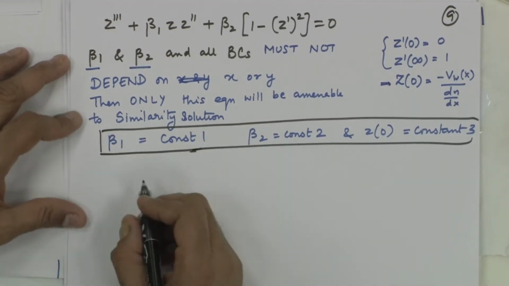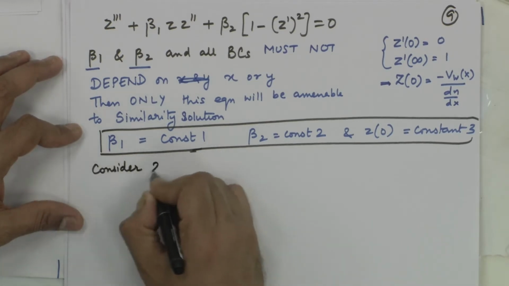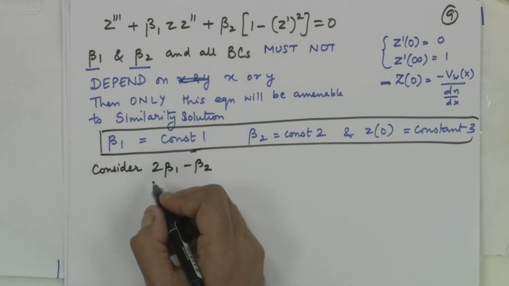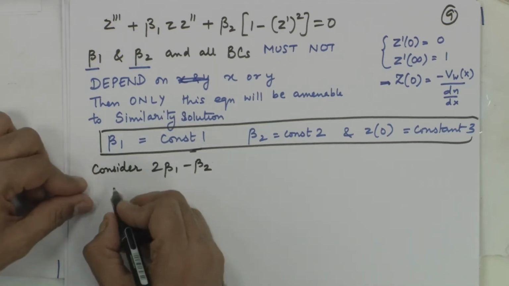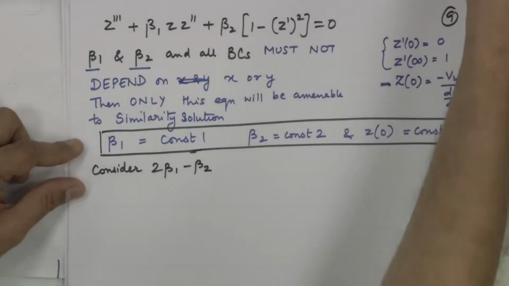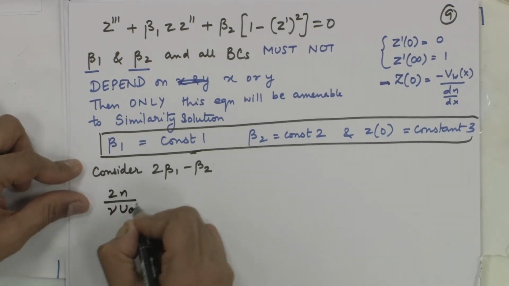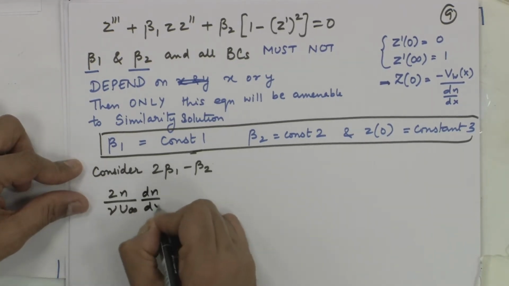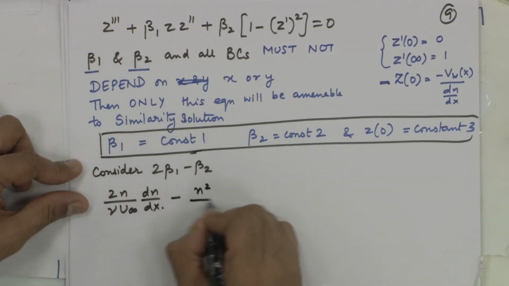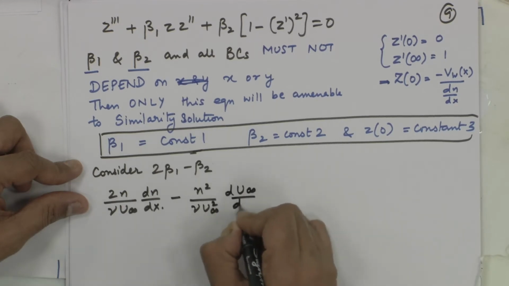So, let us now do some manipulation. Let us consider 2 beta 1 minus beta 2. So, beta 1 we define here. So, 2 beta 1 minus beta 2 we are just going to write: 2 n by nu u infinity dn by dx minus beta 2, which is n squared by nu u infinity squared du infinity by dx.